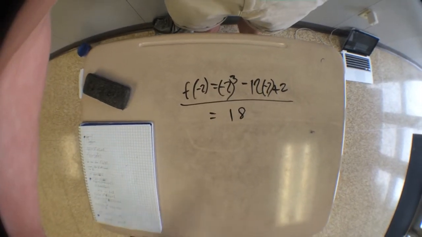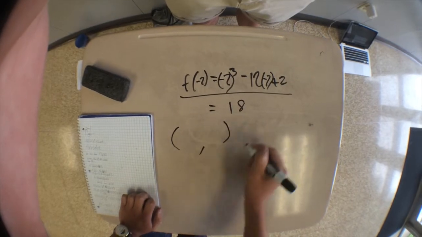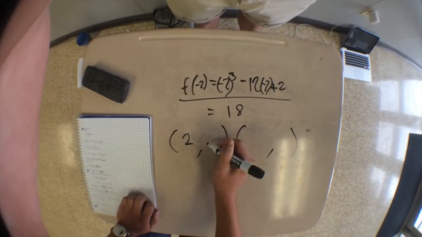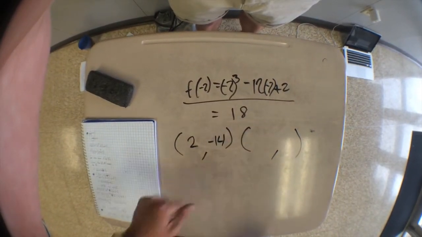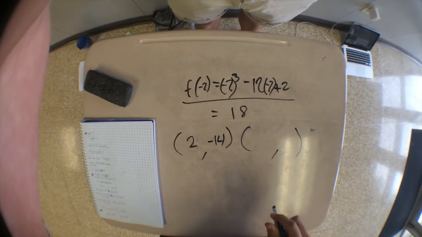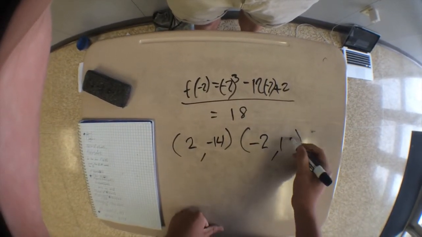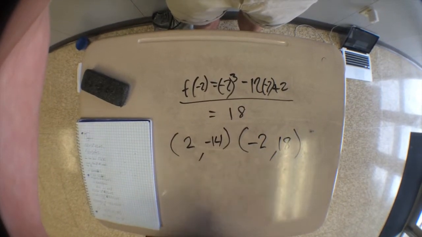So we learn that our points of contact are at these 2 points. The first one we plugged in was 2, and it gave us negative 14, so that point of contact is 2 comma negative 14. For the next one we plugged in negative 2 and we got 18, so that point of contact is negative 2 comma 18.